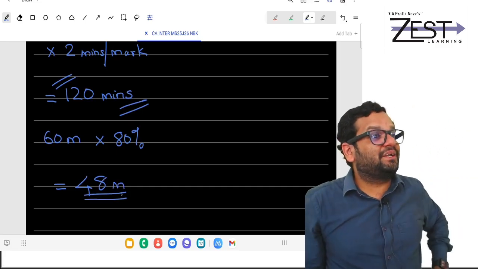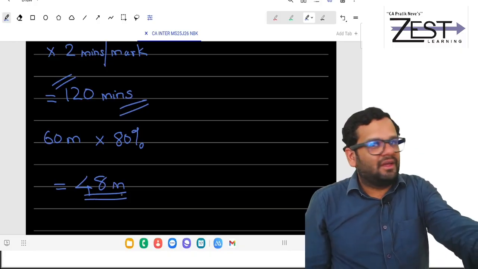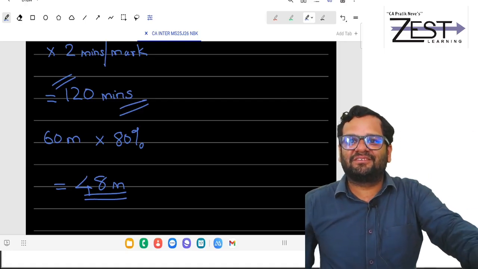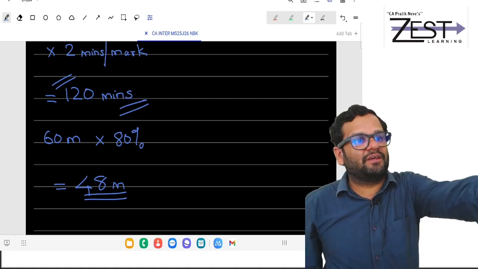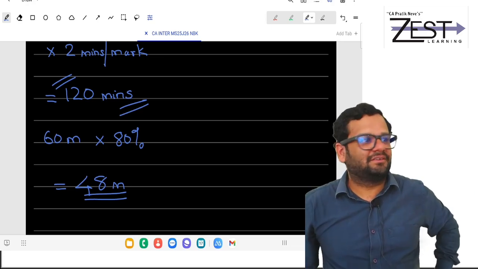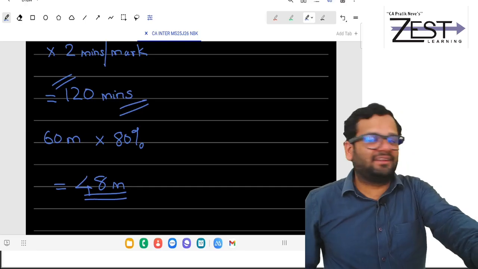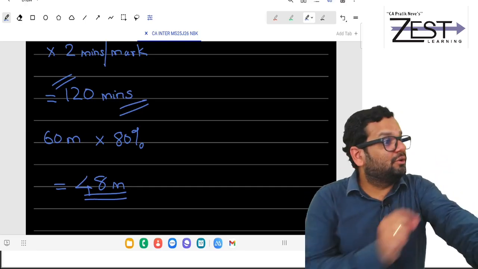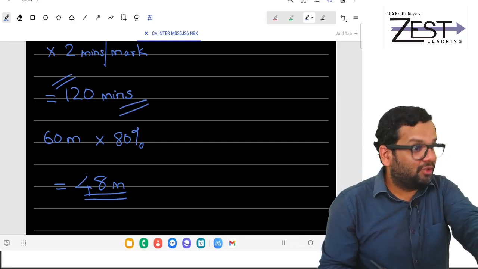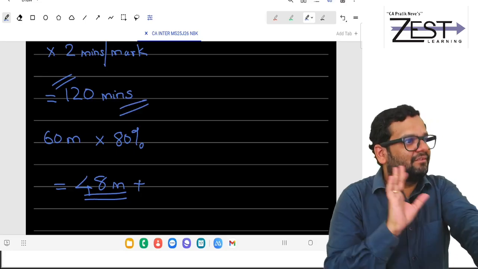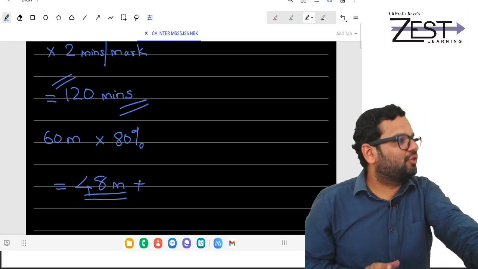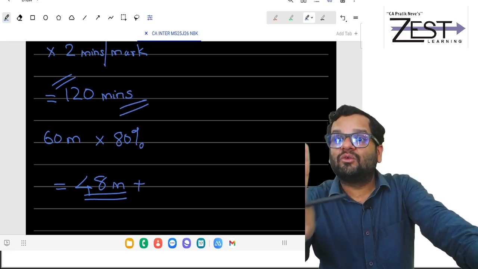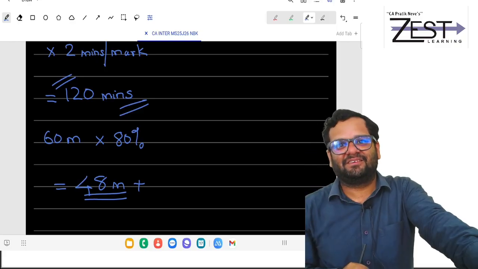In a value of supply typical question of section 15, you are aiming for 5 out of 5 because you are doing it with all the notes. Worst case you will get is 5 into 80%, 4 marks. That is the worst that can happen in that question. Such questions are there of 60 marks. Worst is you will get 48, but you should get 48 plus something. So I am just assuming 48. In 2 hours of exam, you have got 48 marks.